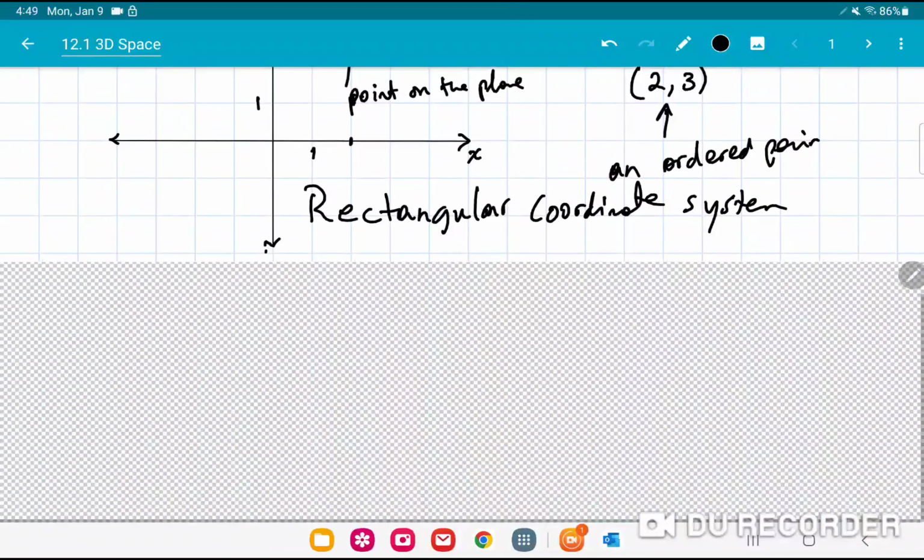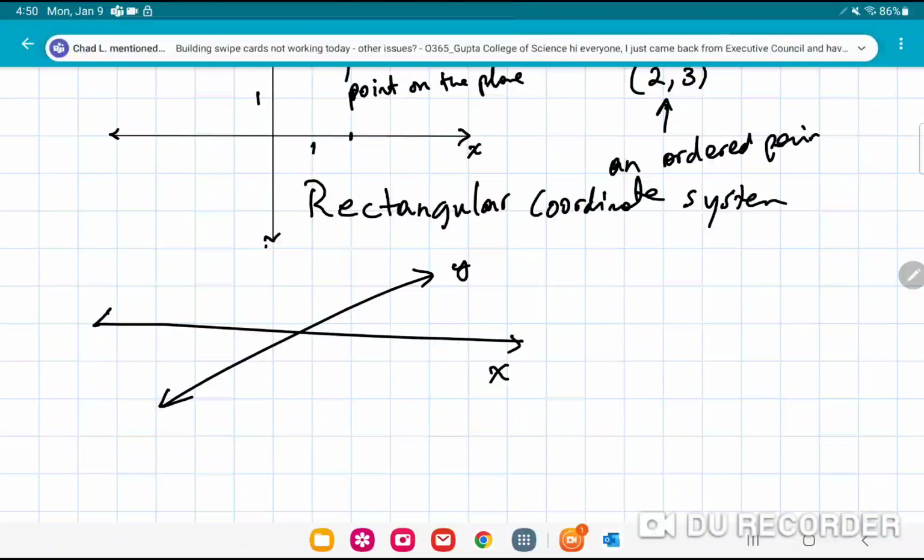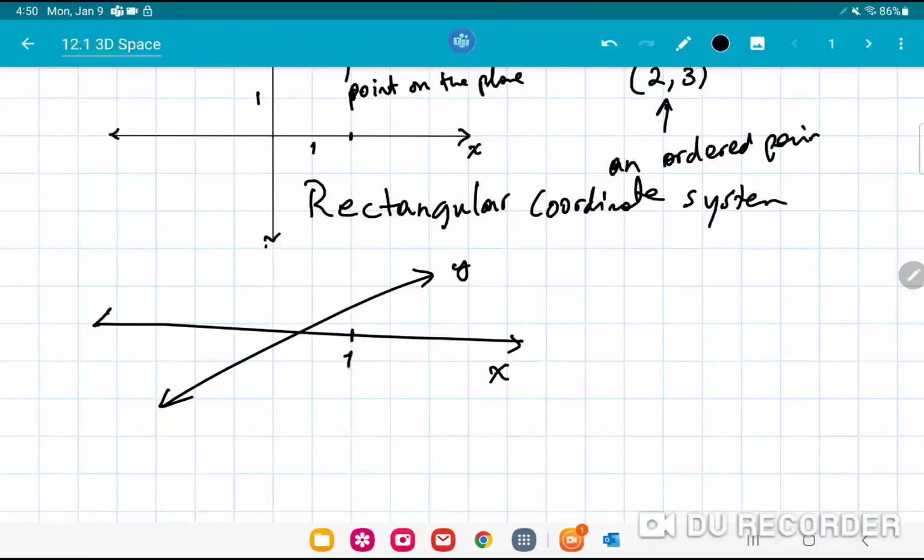We could have used 2 lines, one going this way, one going that way, not necessarily perpendicular. We could have used x and y. They're not necessarily perpendicular, but if that is the case, so if you want to do the 1 by 1 rectangle, you're going to measure 1 unit here, 1 unit here, and it will never look like a rectangle.